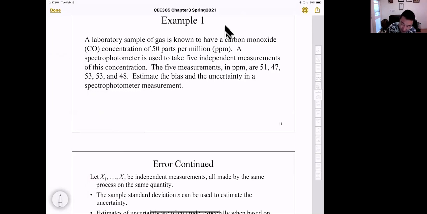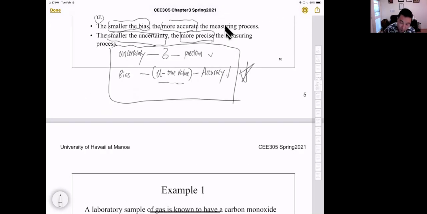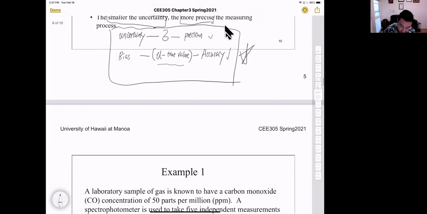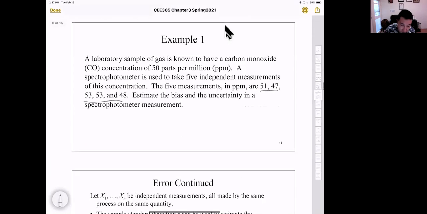And here are the 5 measurements. Estimate the bias and also the uncertainty for the measurement.